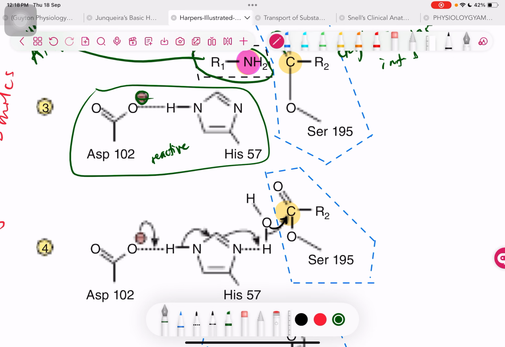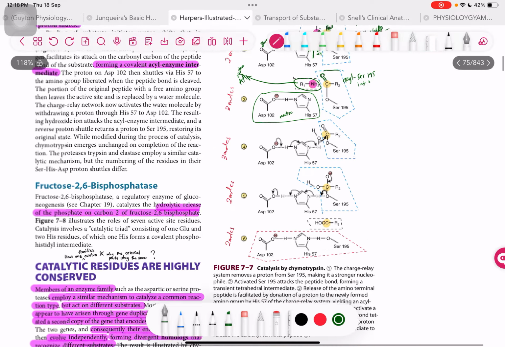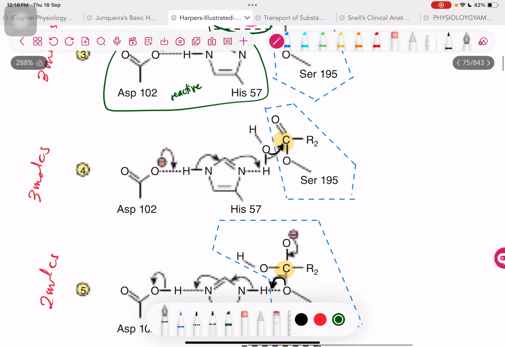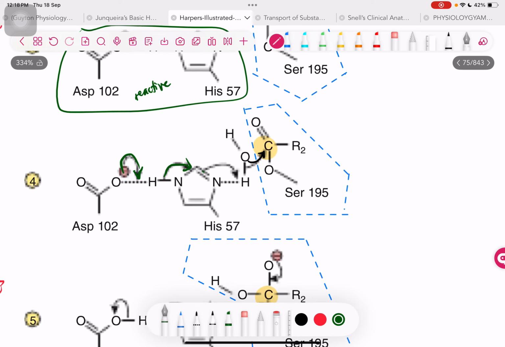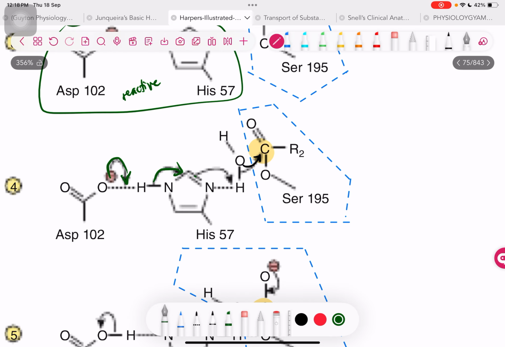Now, electrons, since it has returned to the storage, we will again have a jumping of electrons. Now, here from aspartate 102, electron jumping. H2O is all around the atom or molecule, all around.